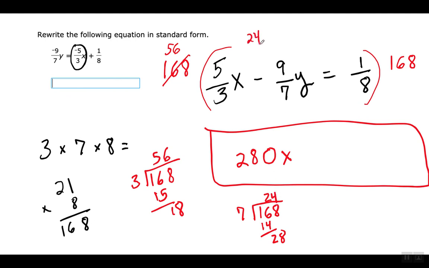So now 24 times negative 9 is going to give me a negative number. 9 times 4 is 36, carry the 3. 9 times 2 is 18, plus the 3 gives me 21.